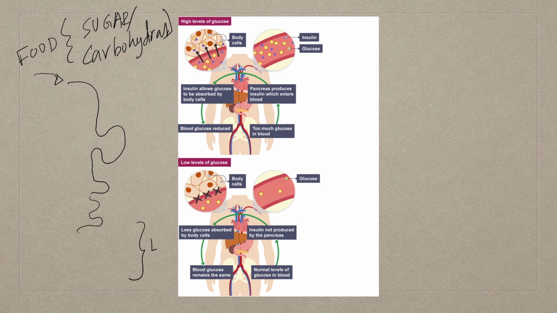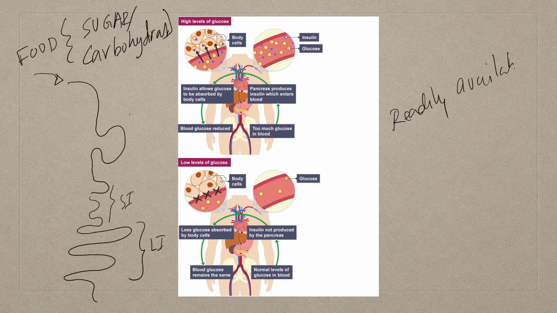Once again, this is the large intestine, this is the small intestine, stomach, and so on and so forth. Okay. Now, what happens is that when you take sugar or carbohydrate, the sugar and carbohydrate is the readily available form of energy. Readily available for energy. Okay.